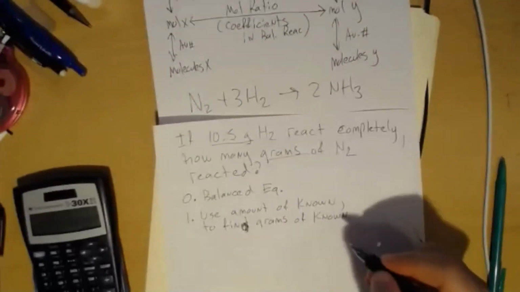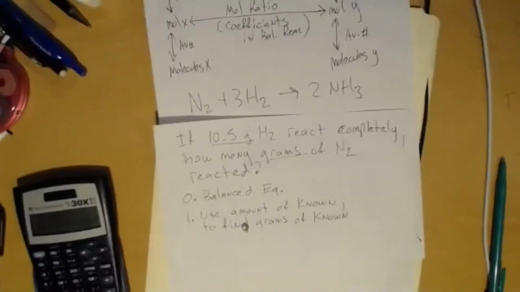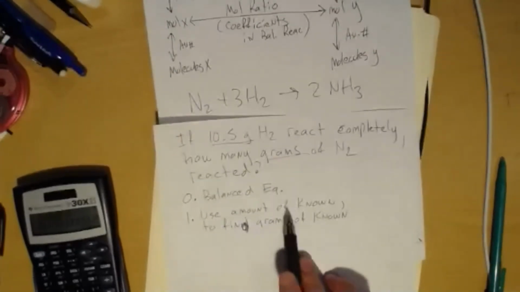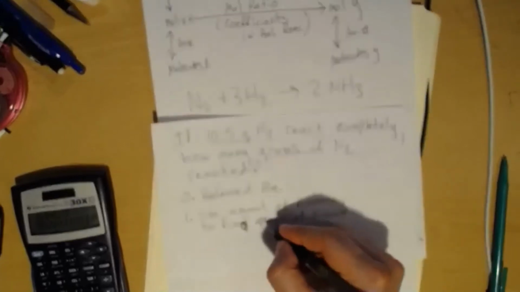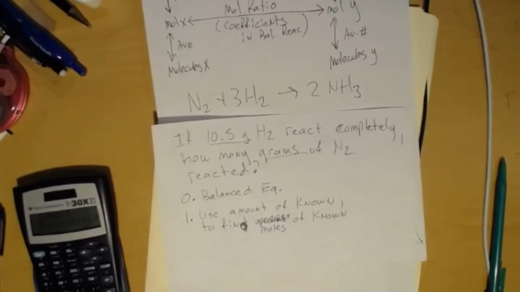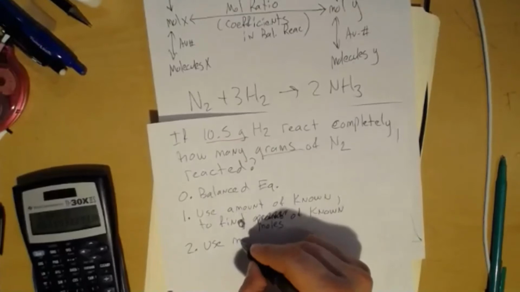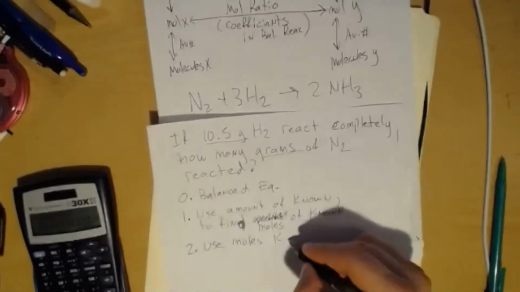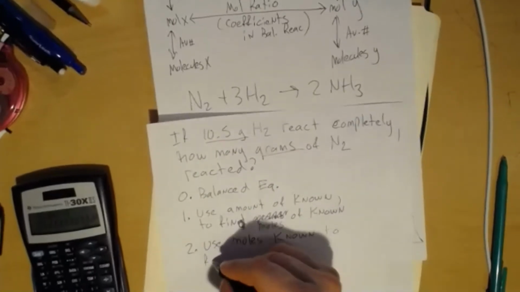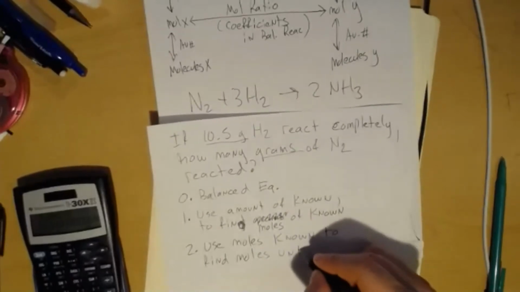Sorry, I totally ruined this. Use the amount of the known to find not grams, but moles. Okay. Anyway, step 2, use moles of the known, what you just found, to find moles of the unknown.